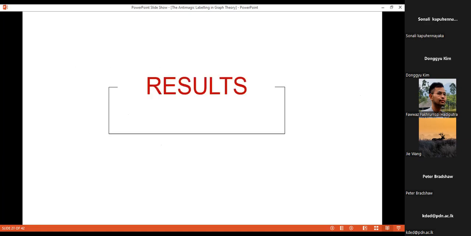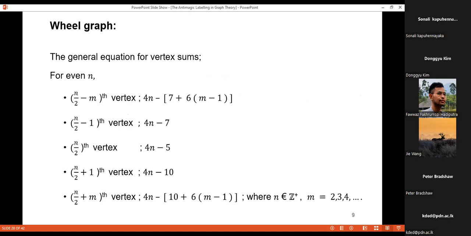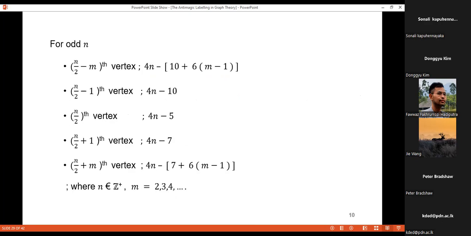Now, we'll move on to the results that we have obtained. Remember, in the method where we labeled the wheel graph, we were able to find general equations for vertex sums. Here you can see the general equations when n is even, and the next slide shows the general equations for vertex sums when n is odd. For both cases, we have obtained 5 equations.